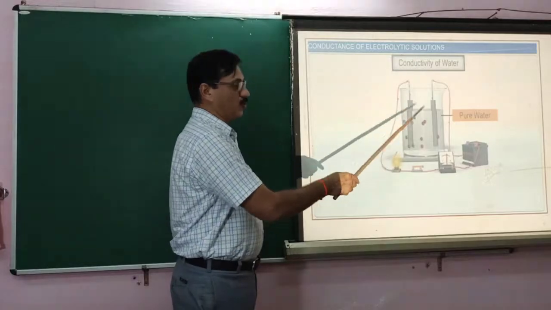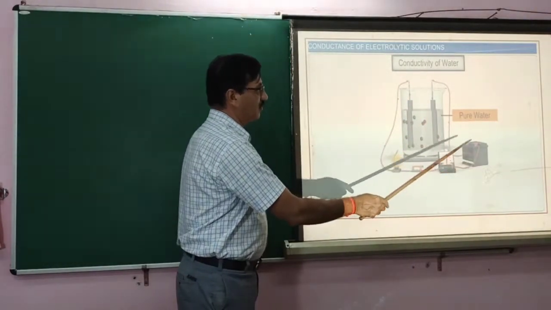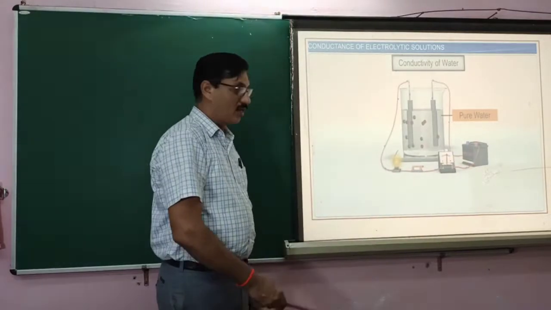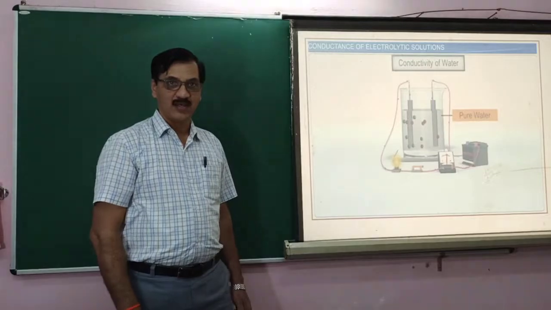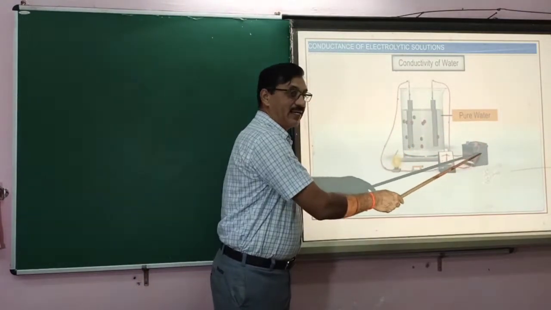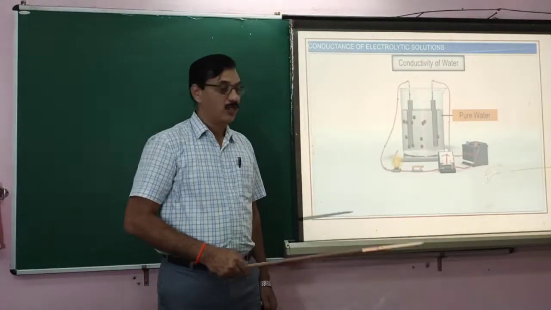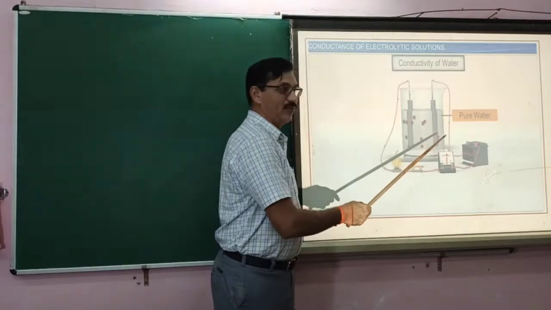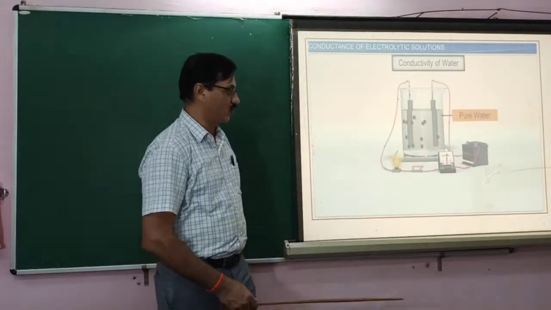Now coming to the solutions, whether solutions do conduct, for knowing that, the arrangement is like this. There must be electrodes, and these electrodes are connected to a source. It should be an AC source, alternating current source. If it is a direct current DC source, then some chemical change takes place. In order to study the conductivity, we have to connect this to the AC source.